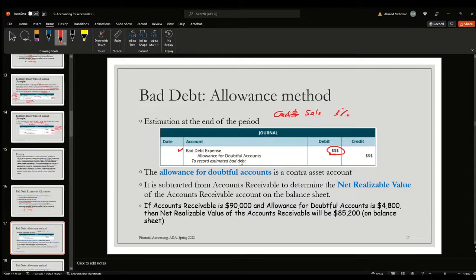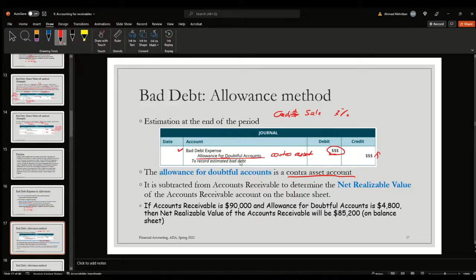And allowance for doubtful accounts is a new account that you are seeing now. It's a contra asset account, so you will credit it. It increases through the credit side, although it's an asset account.